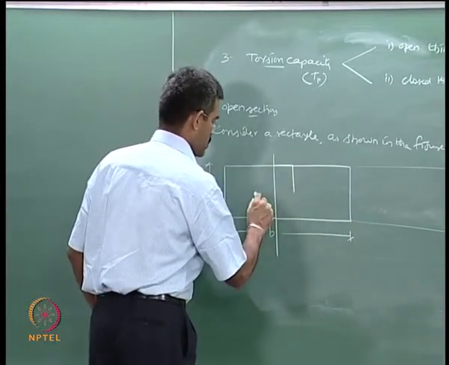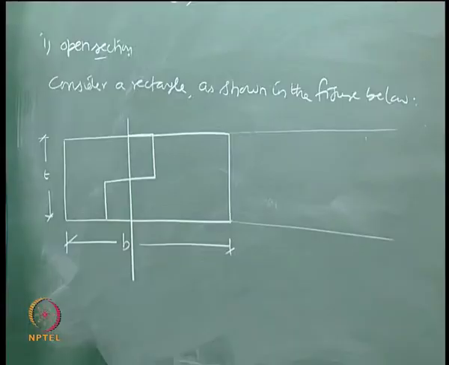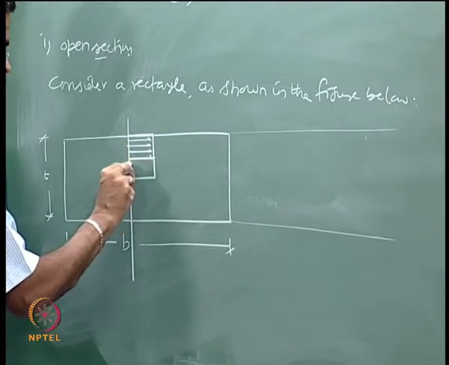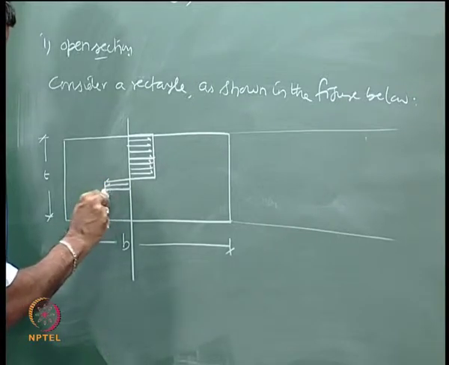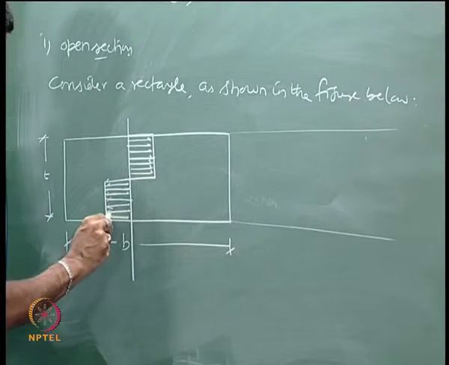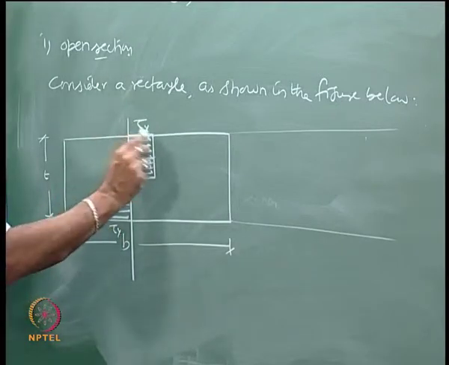Let us say the section has a shear distribution as shown here. So, I say this is tau y and this is also tau y.